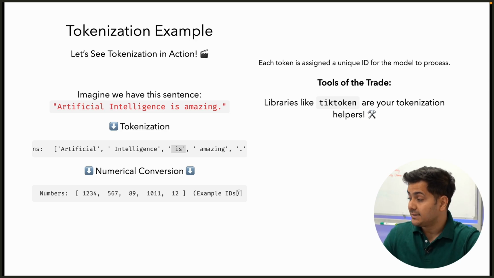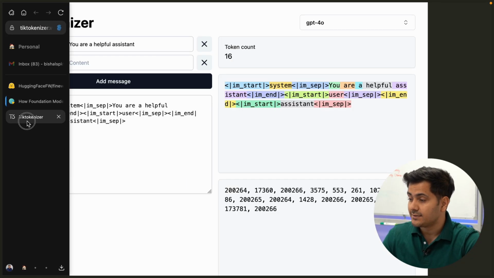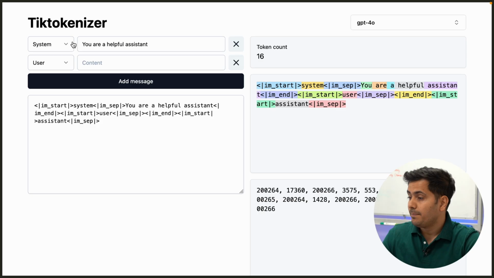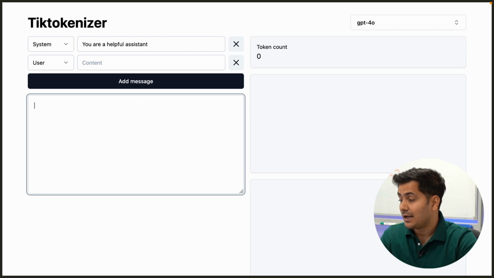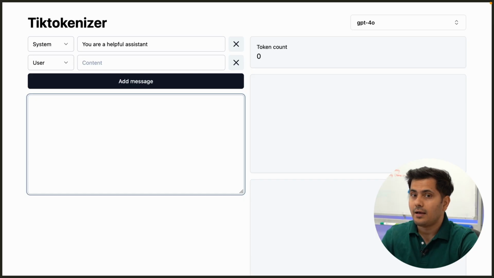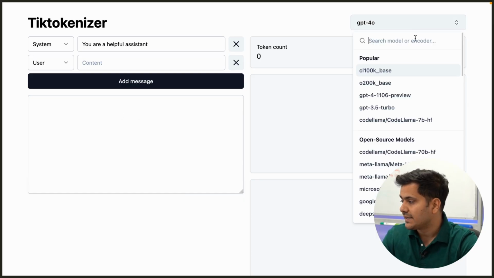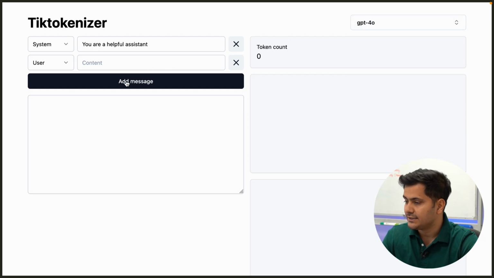There are also tools like TikToken, which are really good to visualize this. So I'm going to bring this up. This is a really helpful utility to help you understand how your input gets broken down into tokens by a model. They let you select different model providers. Let's select GPT-4o.